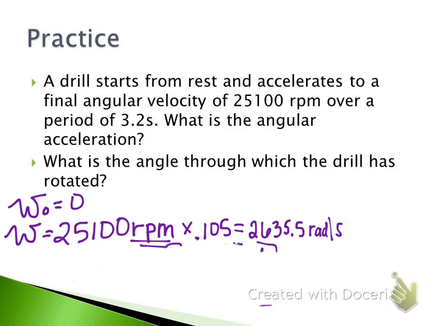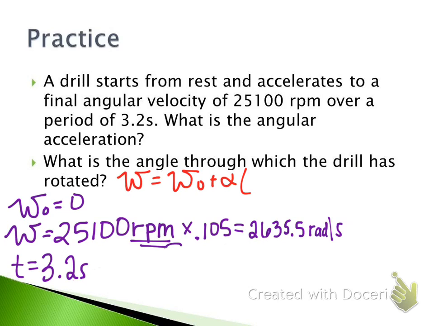The next thing they tell us is time. We know that time is equal to 3.2 seconds. What's the angular acceleration? We're going to answer just the first question first. For angular acceleration, we can use our very simple kinematics equation: omega final equals omega initial plus alpha times time.